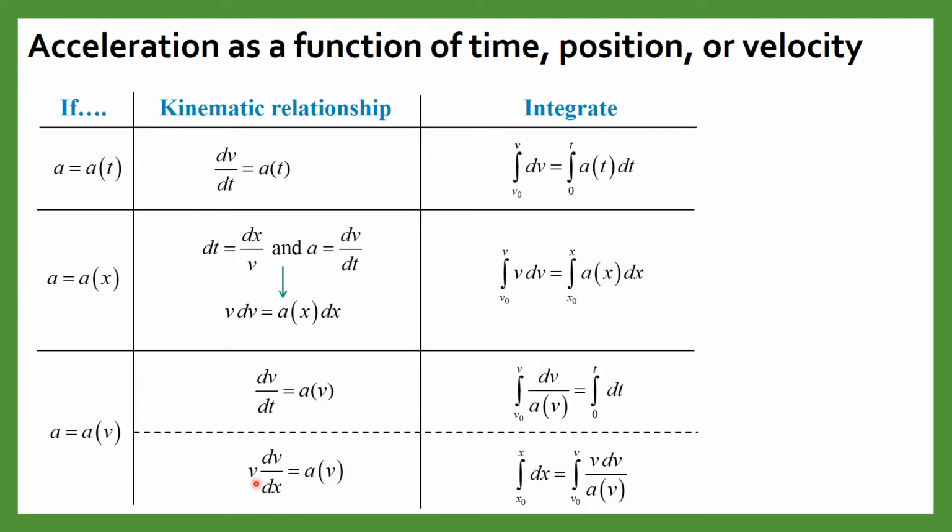The second equation we can obtain from v is equal to dx by dt, and by using the chain rule you can get v dv by dx as a. Again you can integrate, taking the terms related to v on the RHS and x on the LHS, and when you integrate this you can obtain the motion.